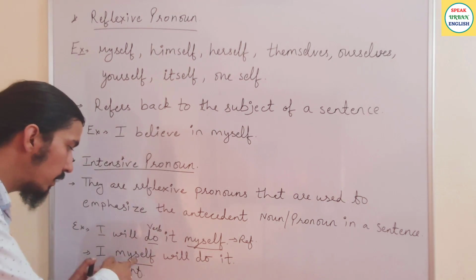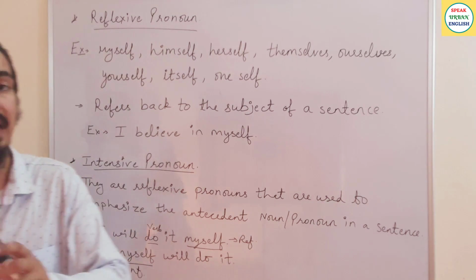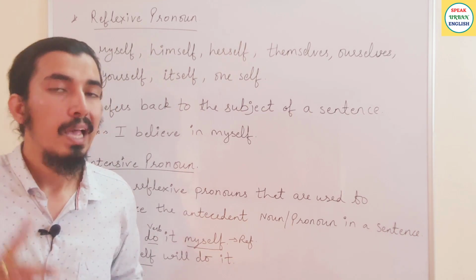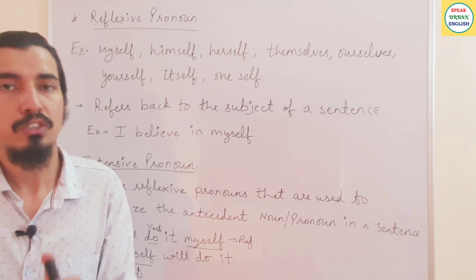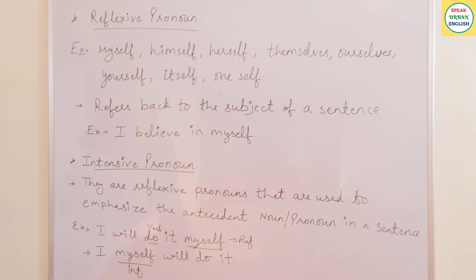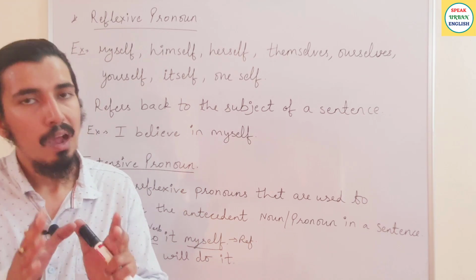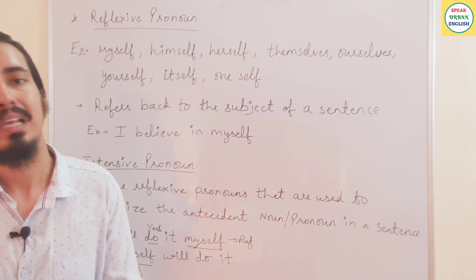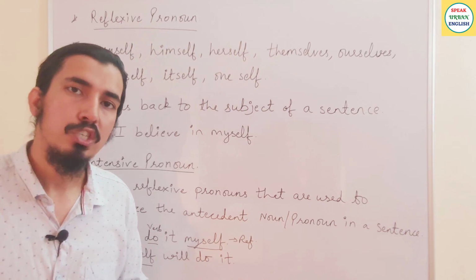So herself is focusing on Adriana, that only Adriana will go, nobody else except Adriana. So herself is used here as an intensive pronoun. Okay guys, so you have to remember this. It's really simple. If you have any confusion, you can rewind this video and watch it again.